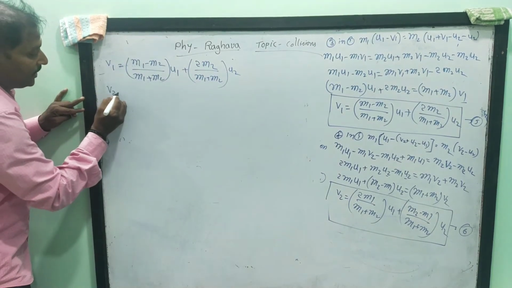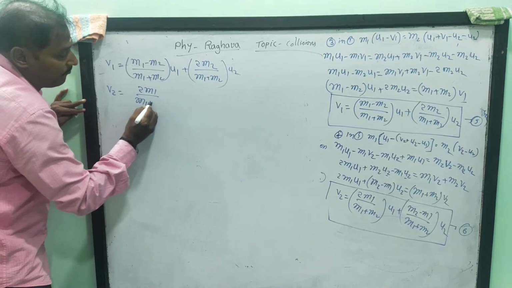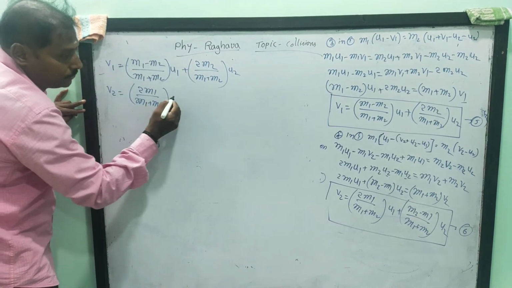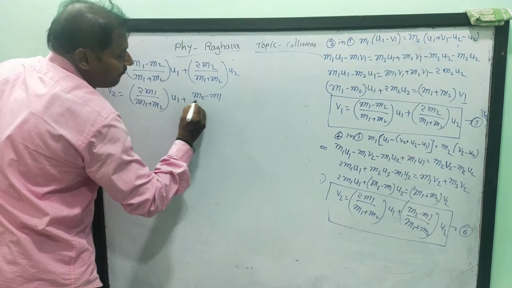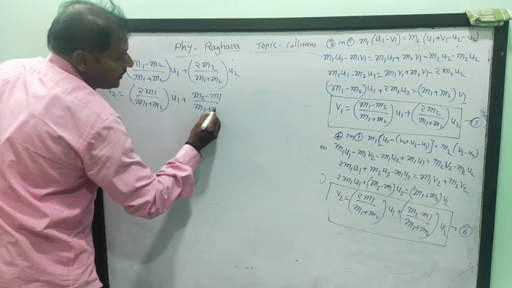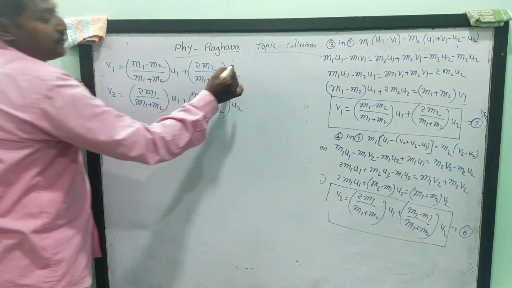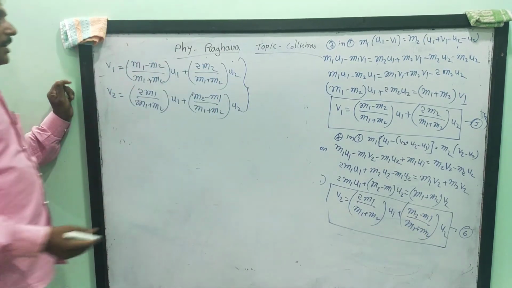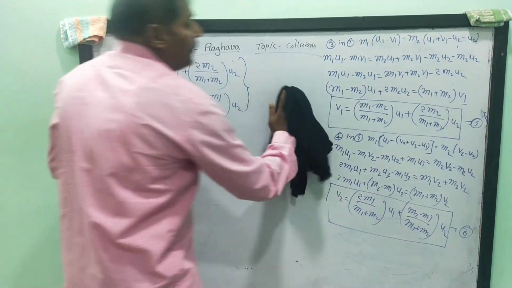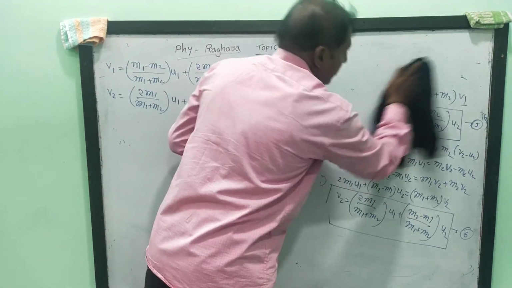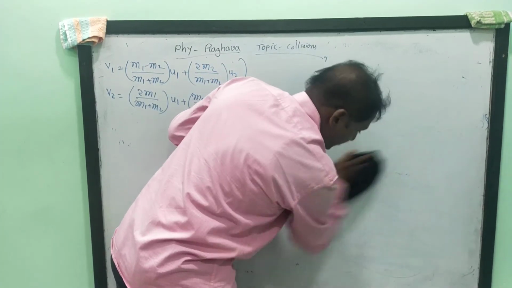And the velocity of the second body after collision is 2m1 by (m1 plus m2) into u1 plus (m2 minus m1) by (m1 plus m2) into u2. From these two expressions, I want to discuss special cases, and finally I can give the applications from this formula.